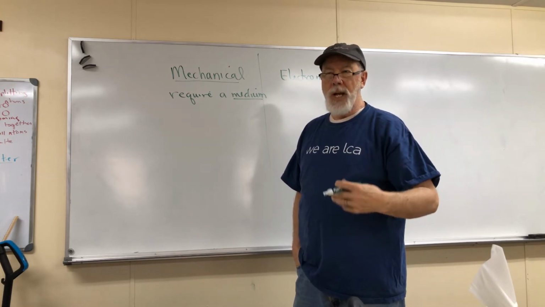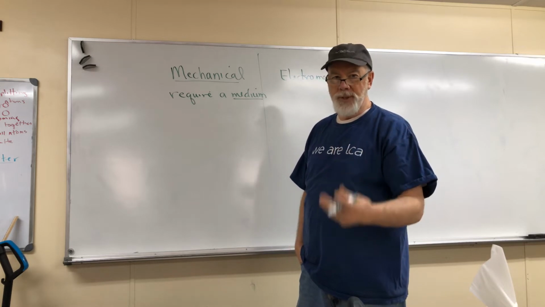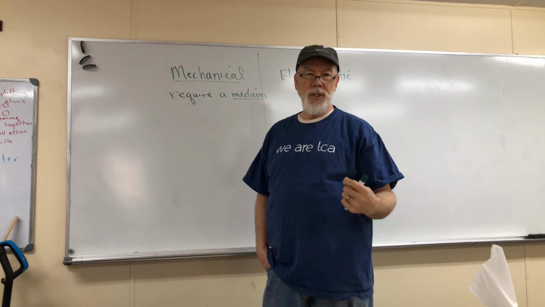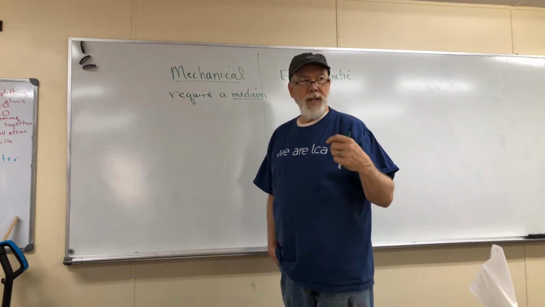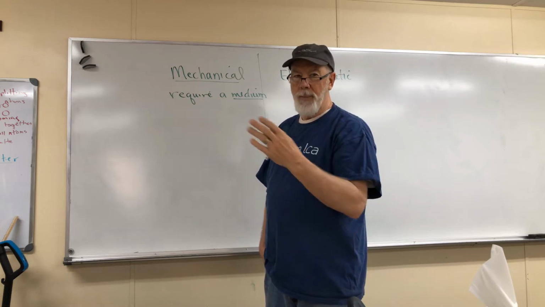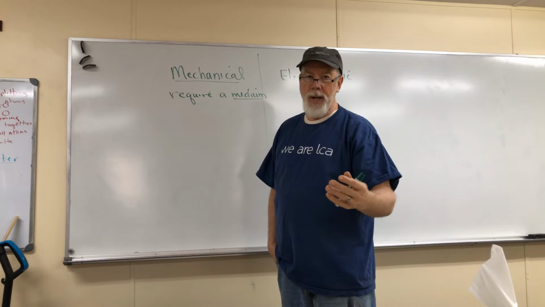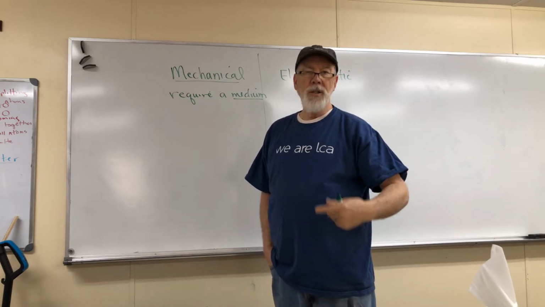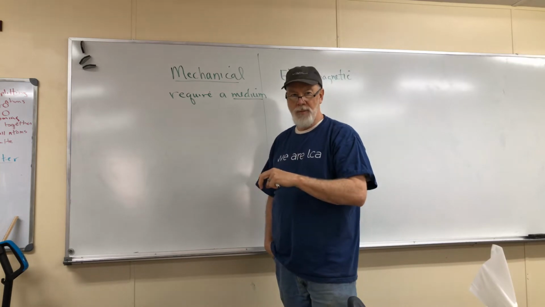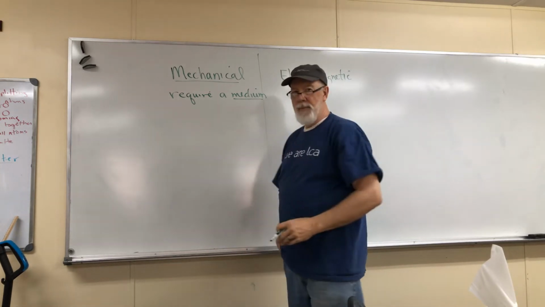There must be a type of matter present in order for those waves to exist. Example, if you're thinking about the water waves that you see at the beach, the reason they exist is because of the water that they're being produced in. And if you're thinking about sound waves, whether you know this or not, sound waves could not exist if air wasn't present. So mechanical waves require a medium.